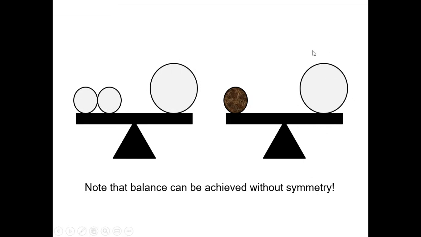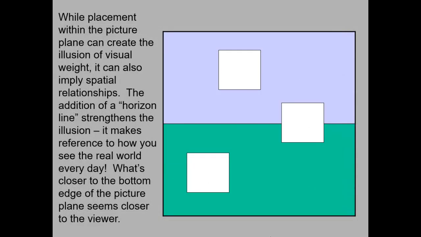I can balance a large plain shape that's darker and textured. So I can create balance without having to use absolute symmetry. Absolute symmetry can get a little boring after a while. Placement in the picture plane can also be added to that simple idea.